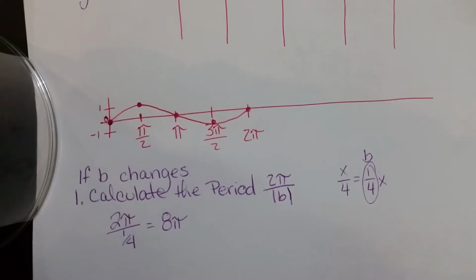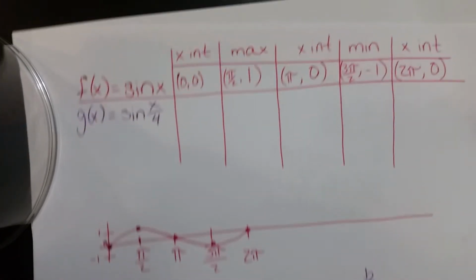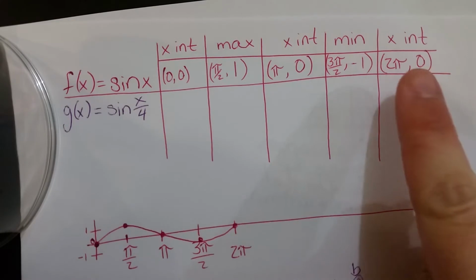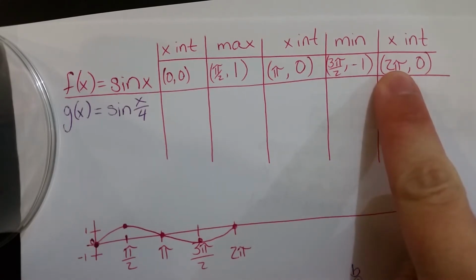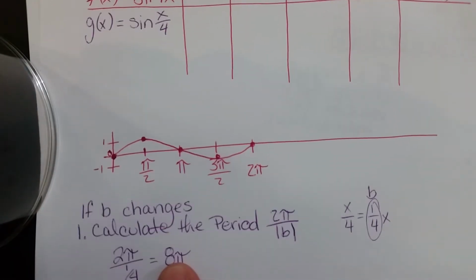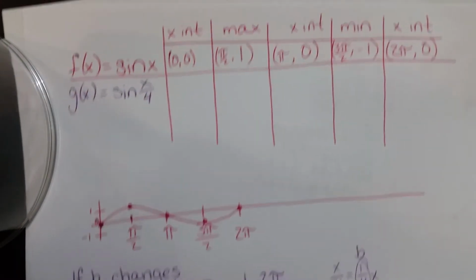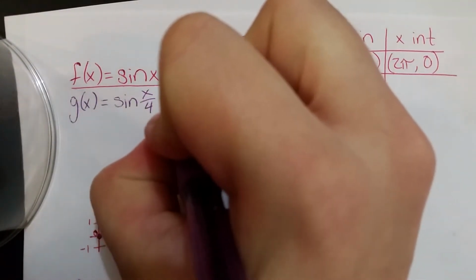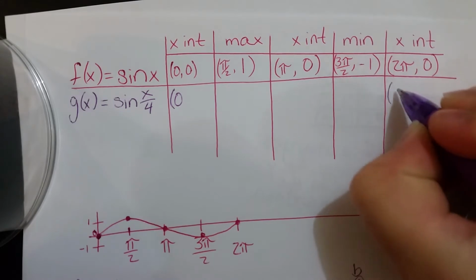Okay. So here's what that means. This graph started at 0 and ended at 2 pi for one period. Our new graph is still going to start at 0, but it's going to end at 8 pi.